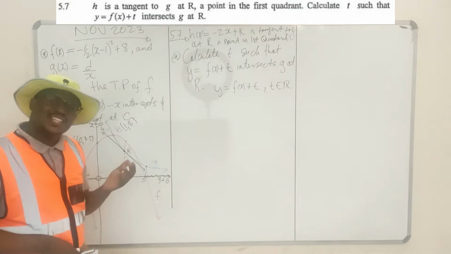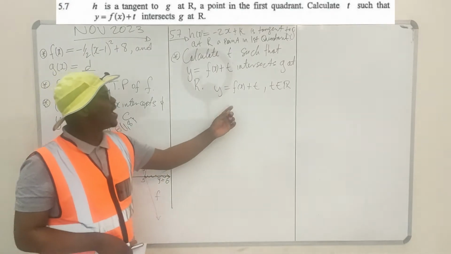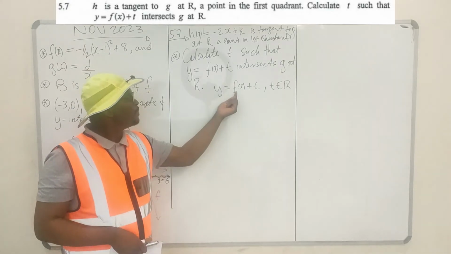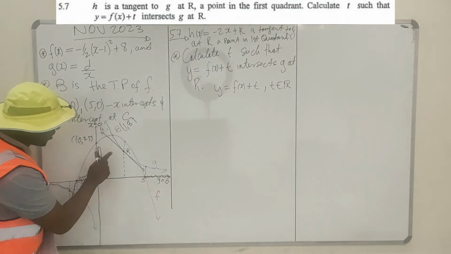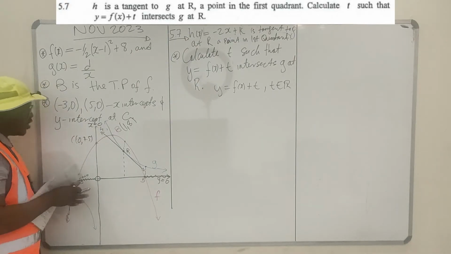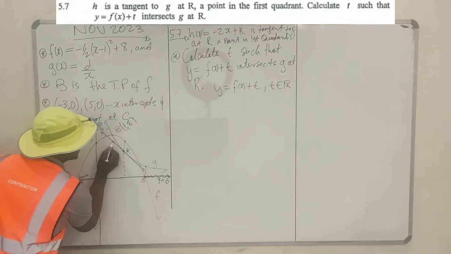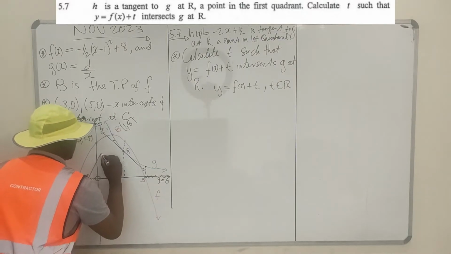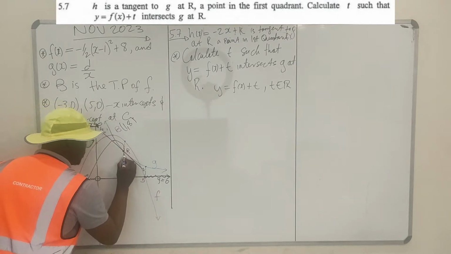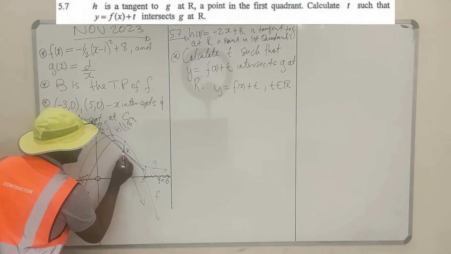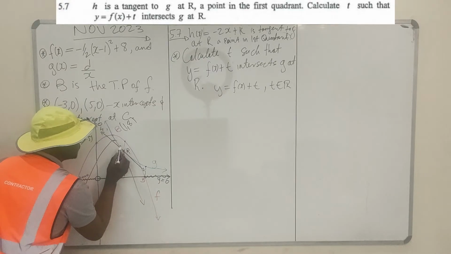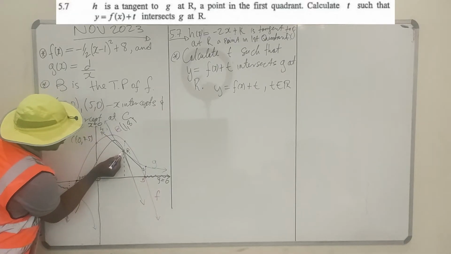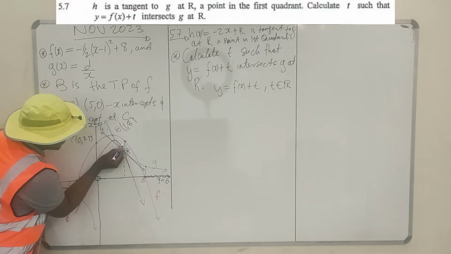So what these people are asking you essentially is how many units should they shift f down, right? Such that your f passes through this point here. So they want your f to behave more or less like this, to move from there to there.